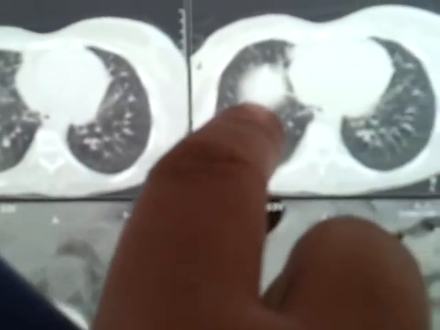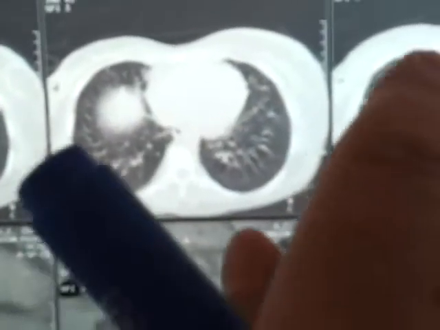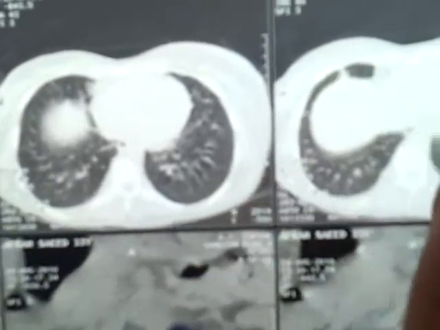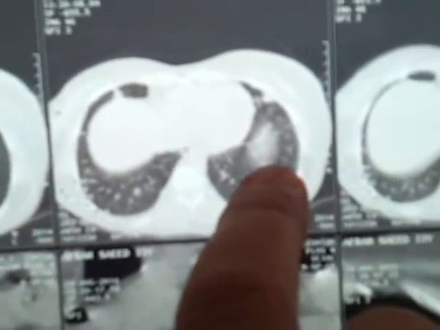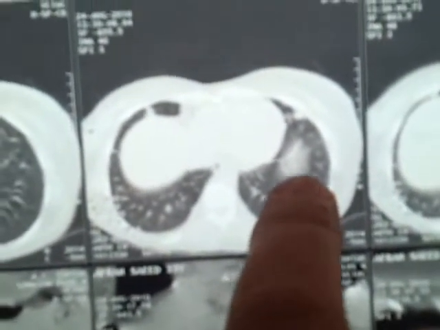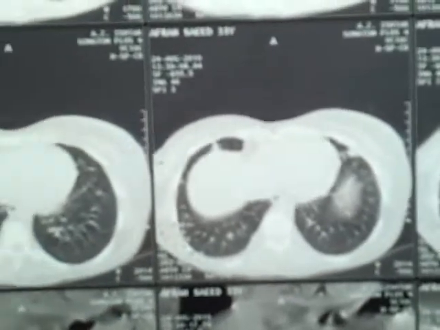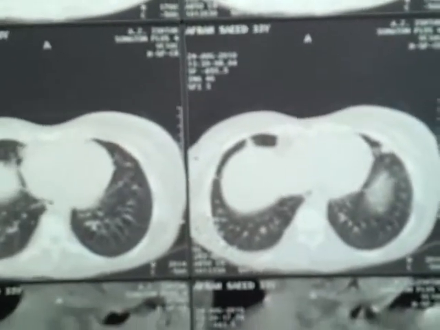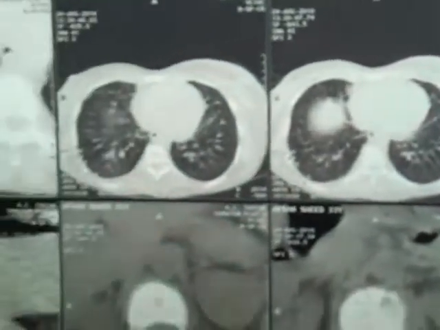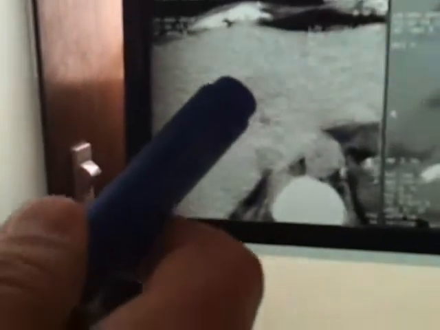This is the right dome of the diaphragm. The dome of the diaphragm is clear. And here is the dome of what? The left diaphragm starting. As we said, the left dome of the diaphragm is below the right by nearly 3 to 5 centimeters. There is also, in this view of the liver, a deposition in the liver area.